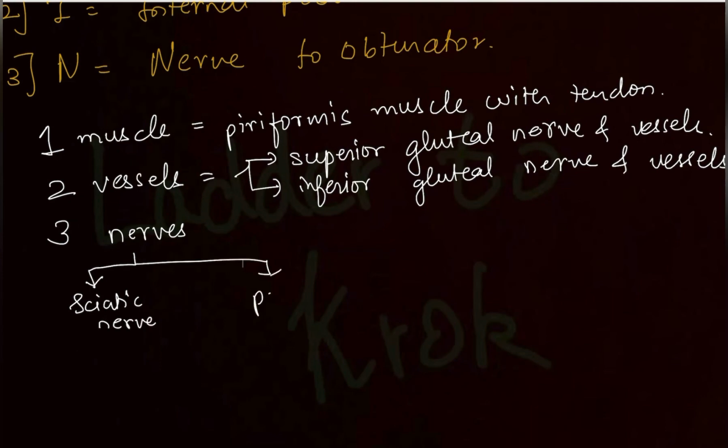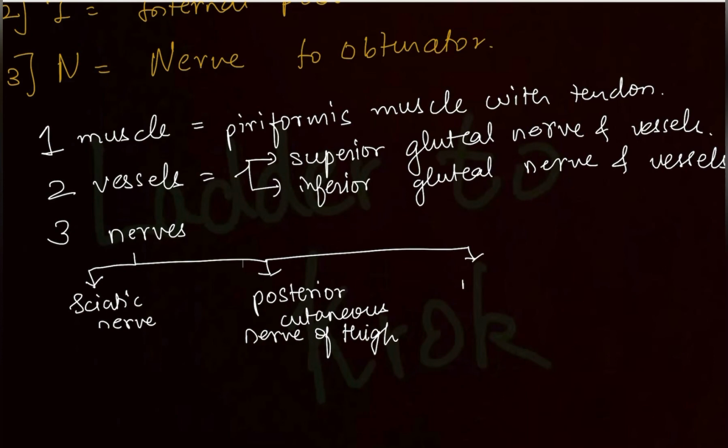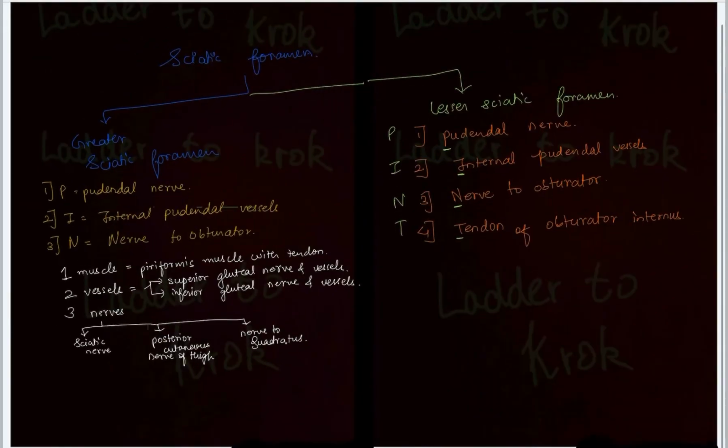The second nerve is posterior cutaneous nerve of thigh. And the third is nerve to quadratus femoris. So these are the structures which will pass through the sciatic foramen. I hope this is clear and is easy for you to learn.